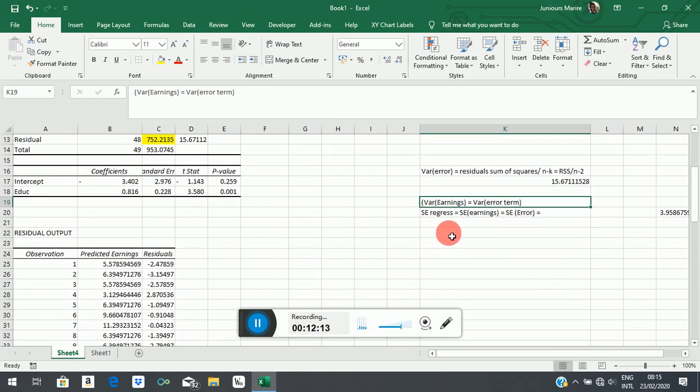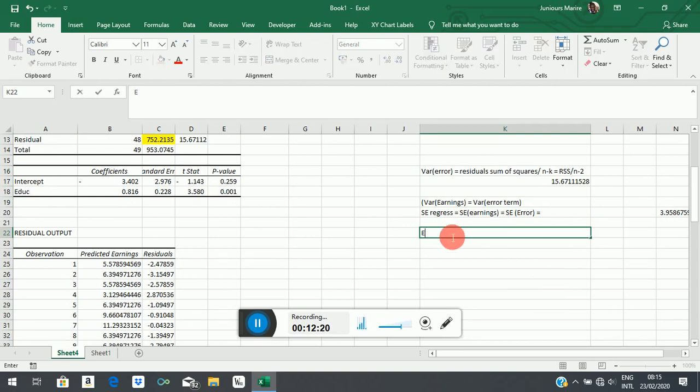The particular reason why it's like that is because if your earnings, which I just call EN, is equal to B0 plus B1 education plus the error term, which is a random variable, and we take the variance of earnings, it will be equal to the variance of B0 plus the variance of B1 education plus the variance of the error term.